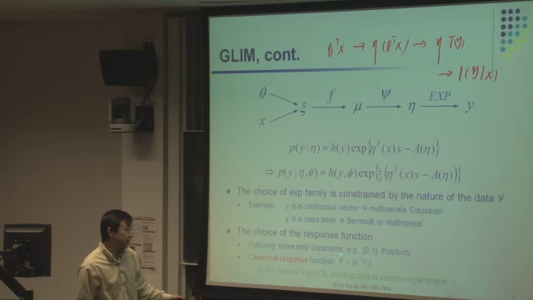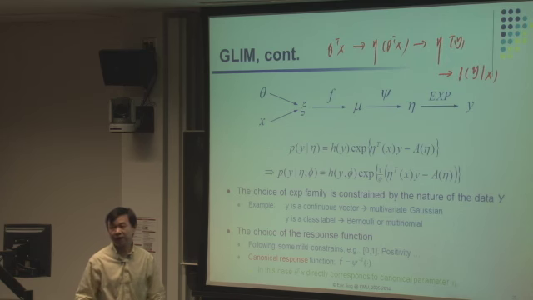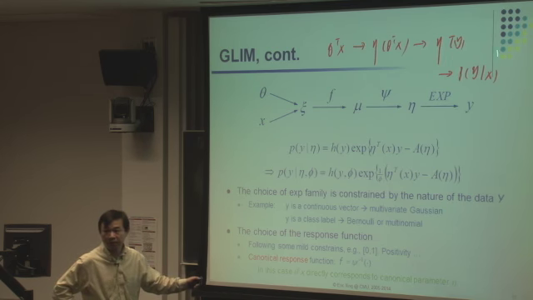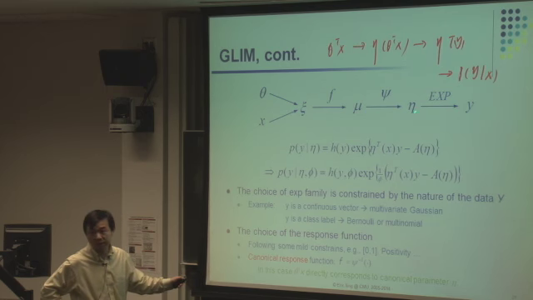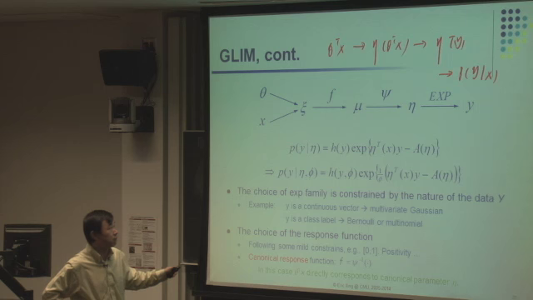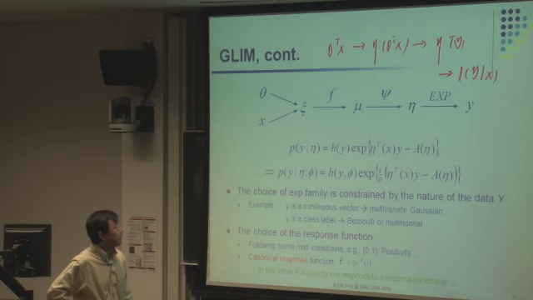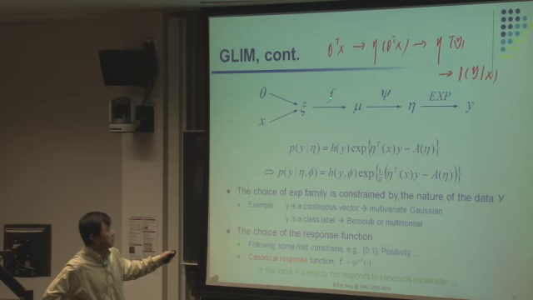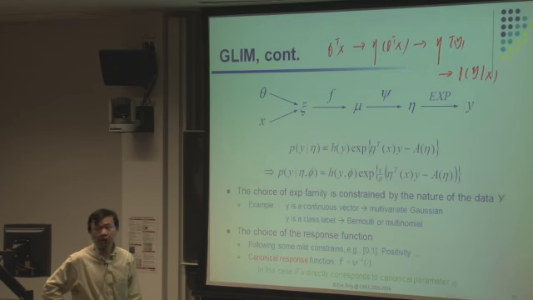Then there is this very interesting part of choosing the response function, where you can take advantage of the fact that the whole design is a generalized linear model. In the natural parameterization, what we want to use is eta, which requires a mapping from the mean parameter. So there is this mapping function, psi. And then here is another response function to map this into mu. So what if I make this one an inverse of that, like what I said here?